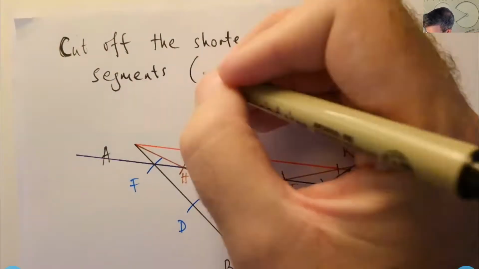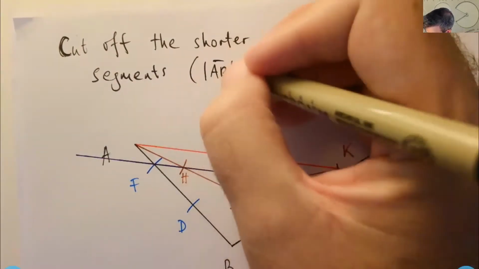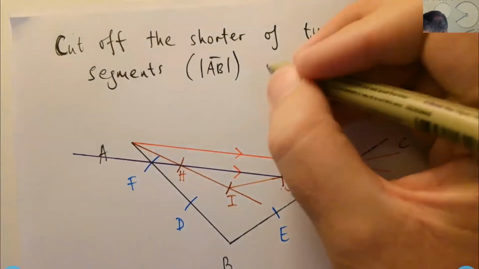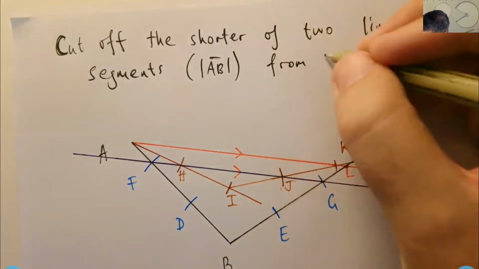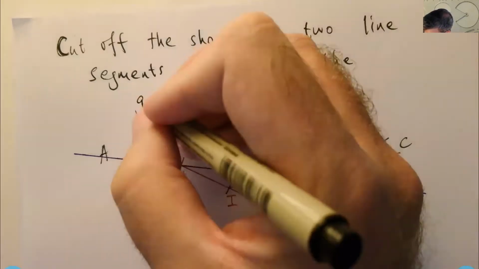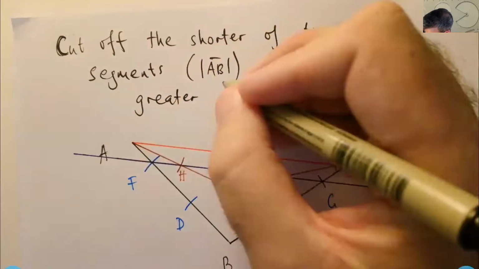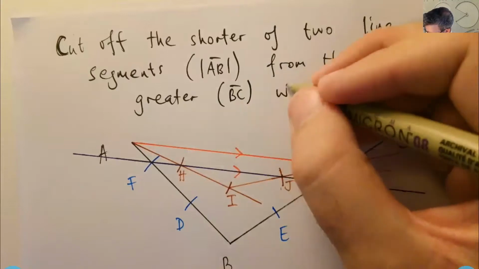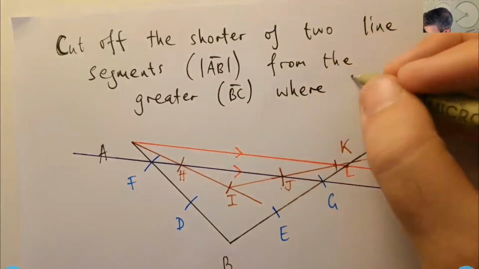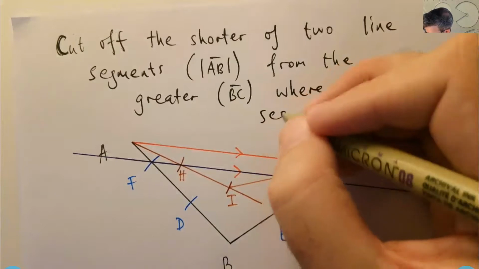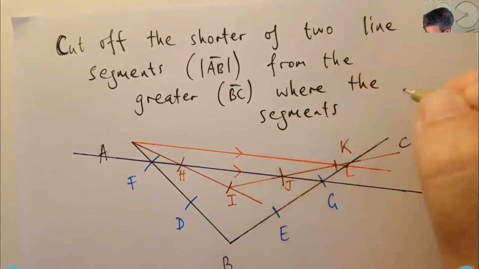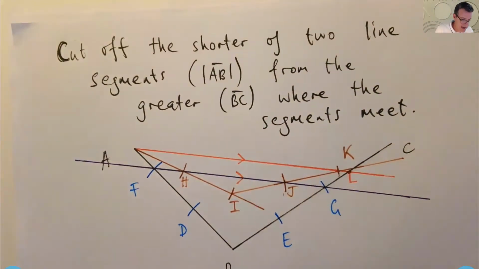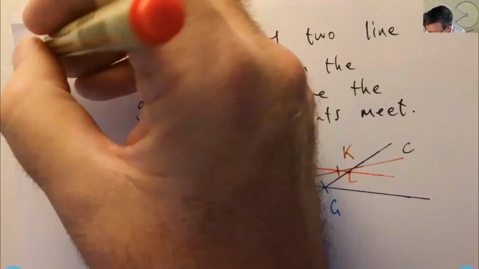So the shorter length is AB, from the greater BC, where the segments meet. Okay, so that's pretty much a summary of the challenge of what we're doing here.